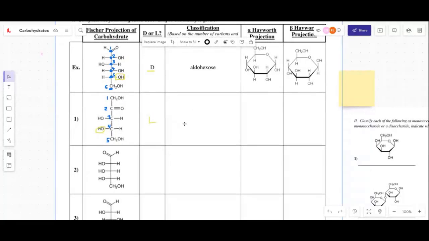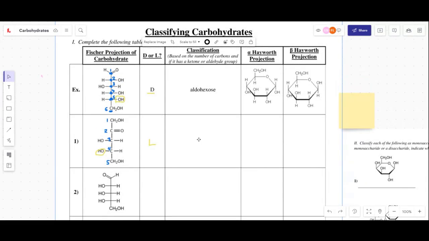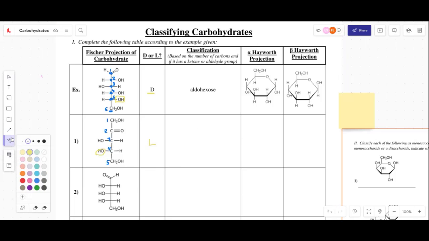Okay. So now, as a classification for this, basically we classify carbohydrates based on how many carbons they have, and whether they have an aldehyde or ketone group. An aldehyde has a C double bond O at the end of the chain.